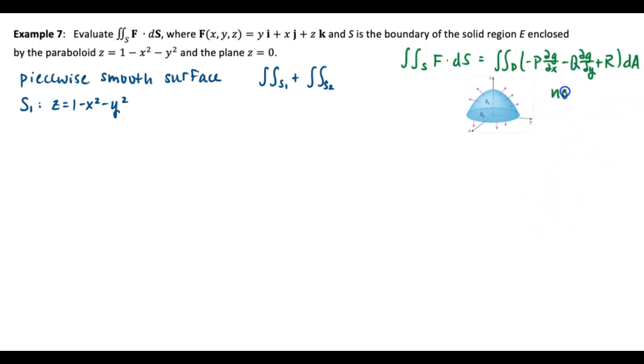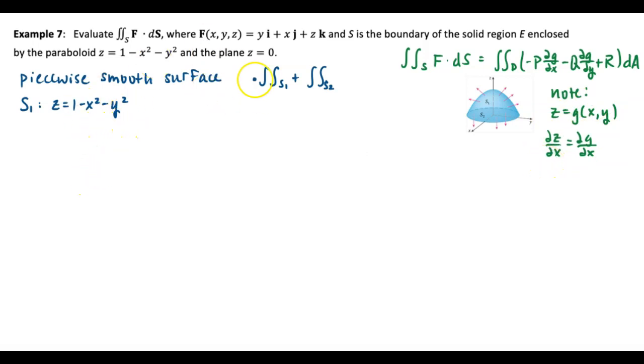A little note here: because we've defined z to be equal to g of some x and y, the partial of z with respect to x is the same as the partial of g with respect to x. Same with everything else here.